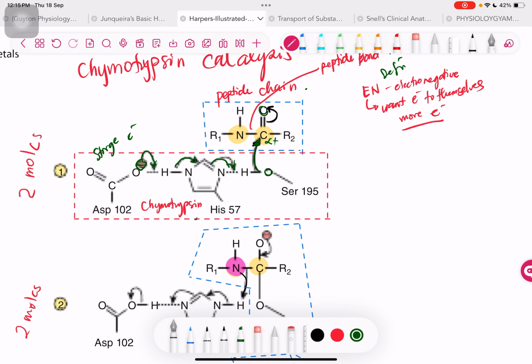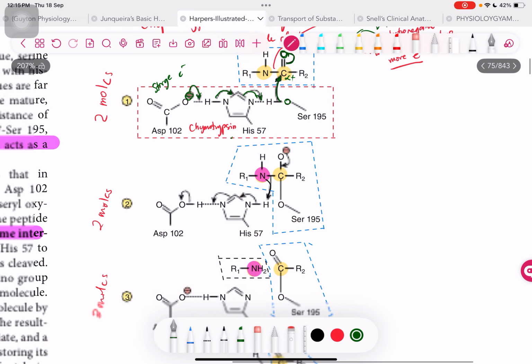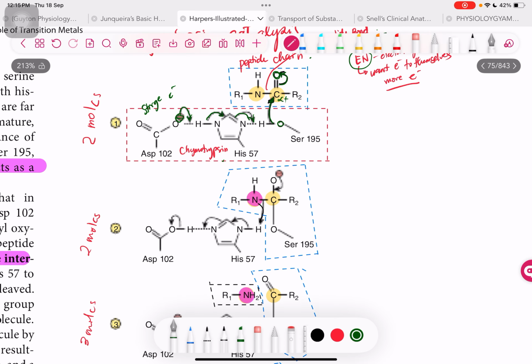Because the oxygen is very electronegative. Electronegative, it wants electrons more to itself. So, the electrons here transfer there, creating a tetrahedral intermediate, which has a very reactive or unstable form.